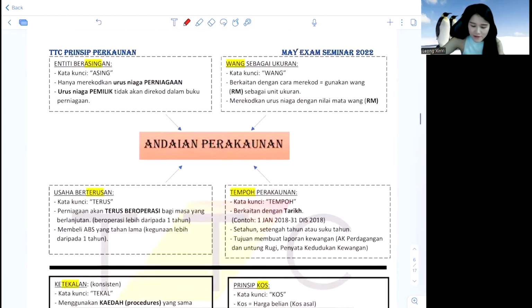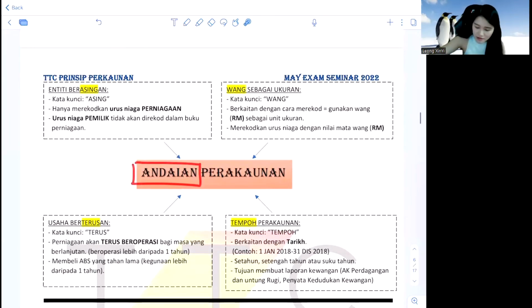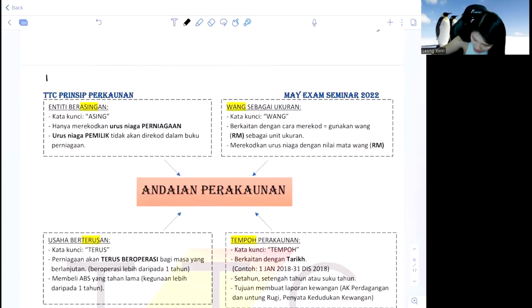You guys can see every one of them has some contoh, right? So the first one is called Andaian. By the way, I would like you guys to list out like this: Andaian, prinsip, dan batasan.